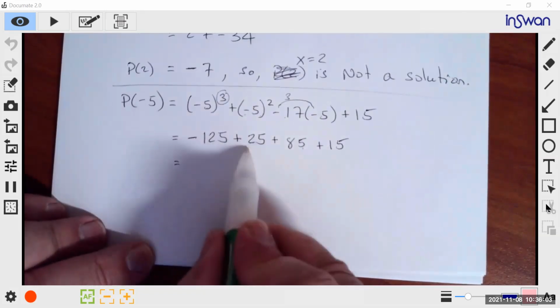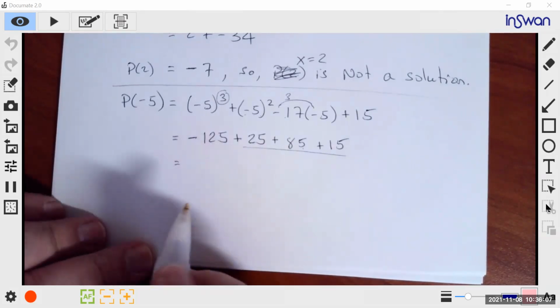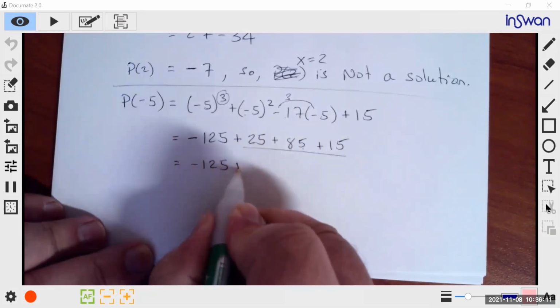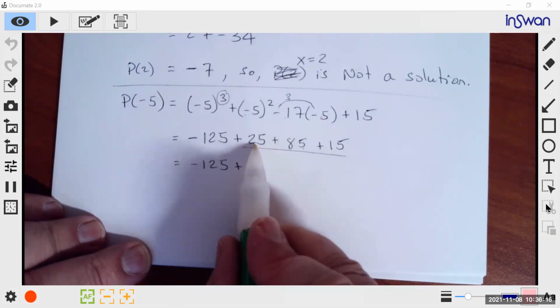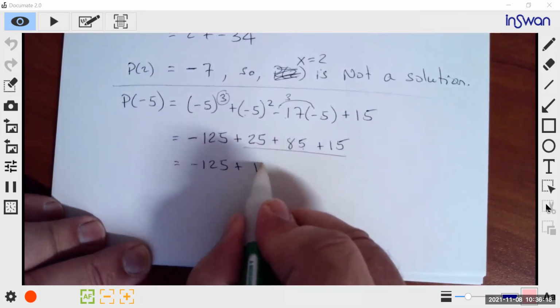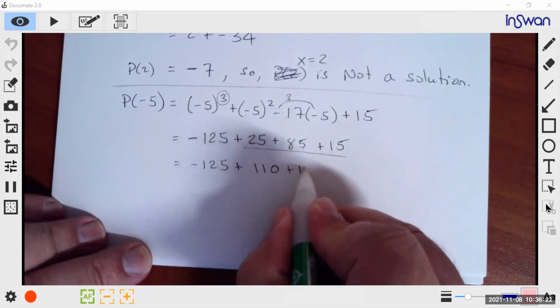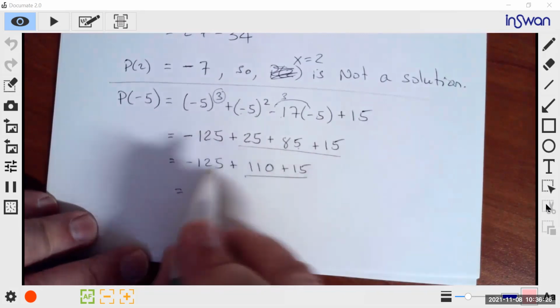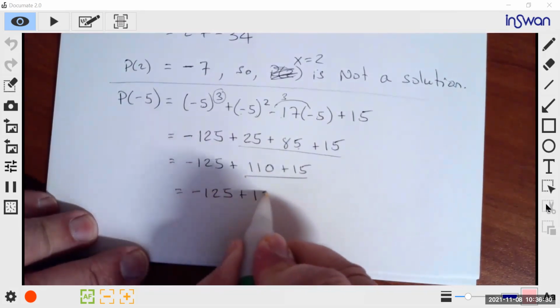Since that first term was negative, we can go ahead and add up all of these and see if it equals 125. 85 plus 25 is 110. 110 plus 15 is 125.